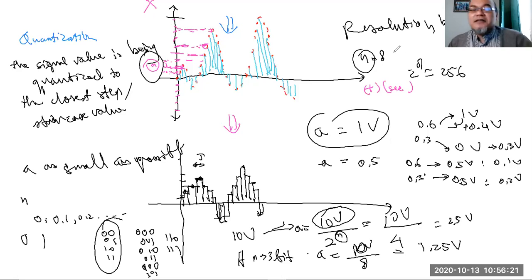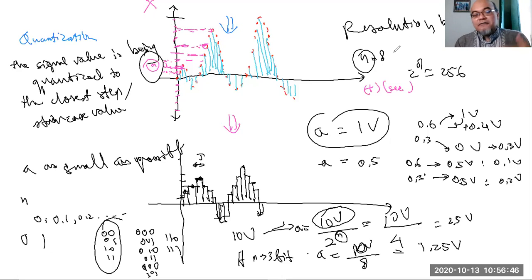Later, when we study the types of analog-to-digital converters, for example the flash ADC, it is very fast, but the quantization is not that accurate. With a more accurate ADC, such as sigma-delta or other algorithms, it is not that fast.